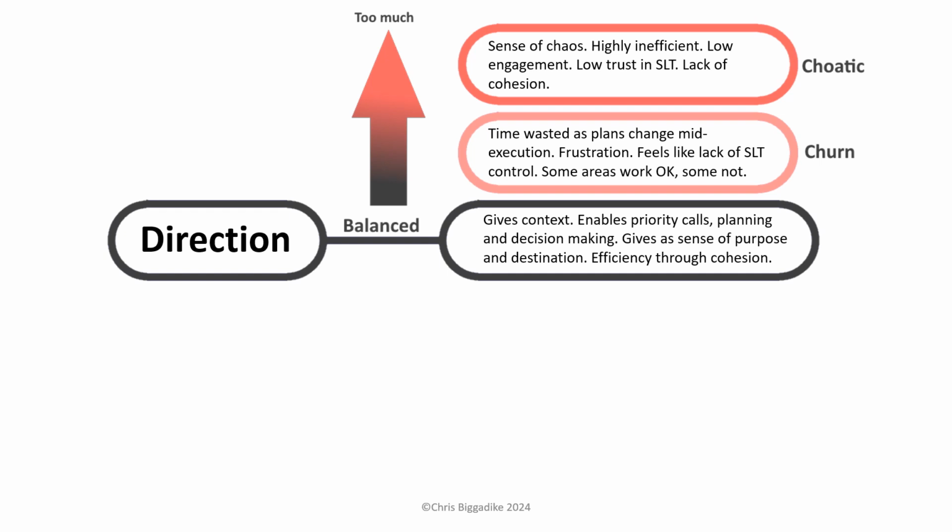There may be some areas of the business that still work okay. Patchy problems. As the direction becomes chaotic, there's a real sense of chaos. Everything becomes highly inefficient. Engagement goes right down. People stop trusting the senior leadership team. There's a lack of cohesion.